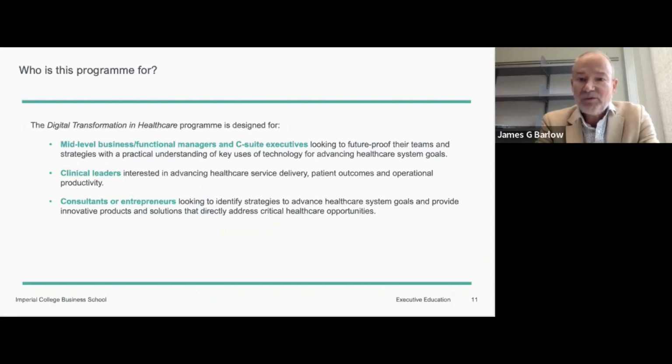But also there's a whole world of consultants and entrepreneurs out there who are either trying to develop solutions, develop new technologies, develop innovative products that are designed to address opportunities, or advising other people on them. And all those groups, I think, will get hopefully some benefit from this program.